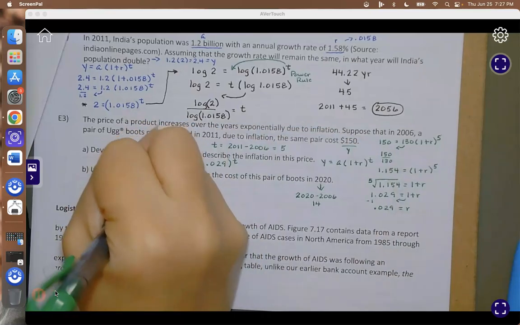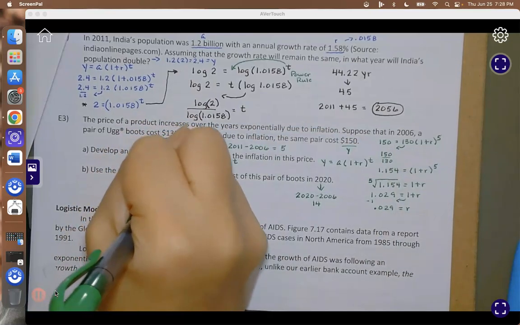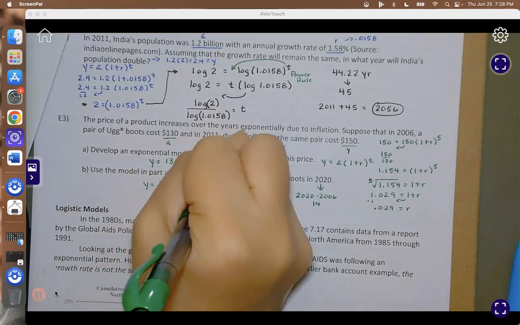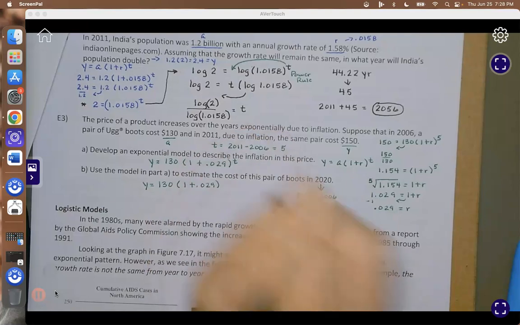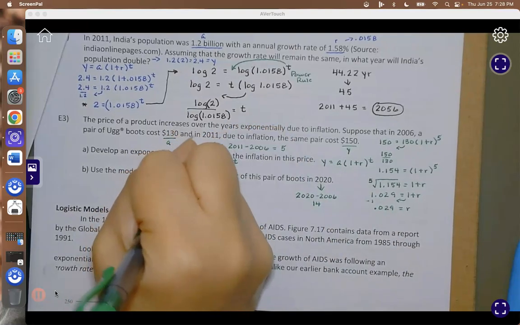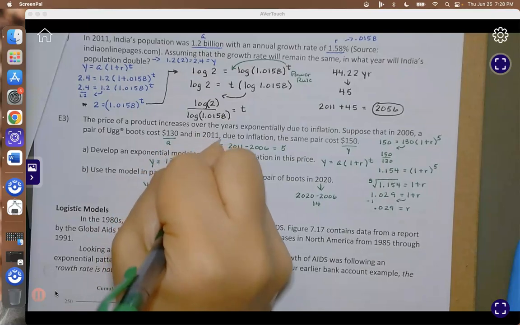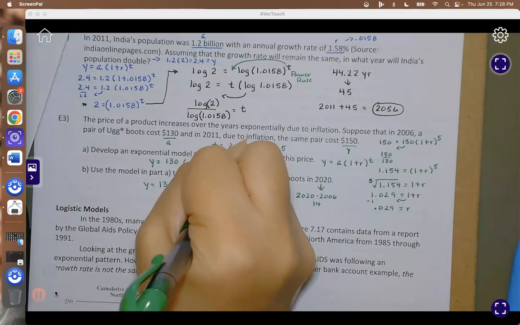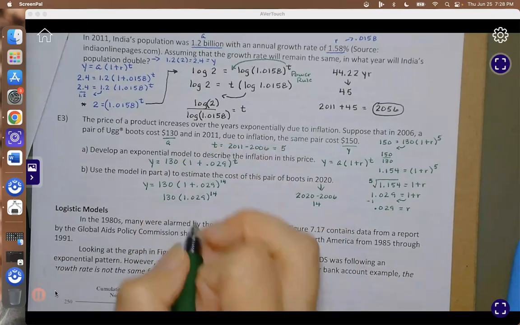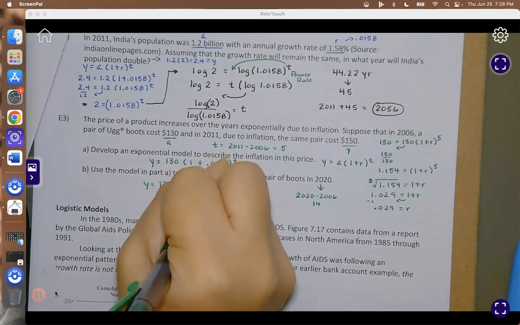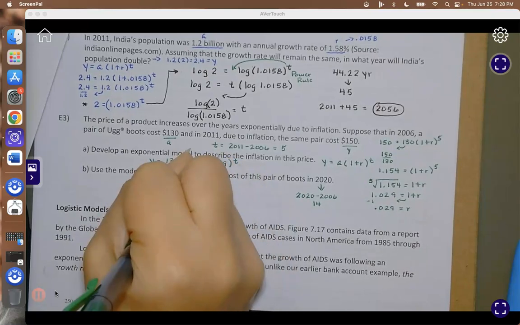So we use our formula here, 130 times 1 plus 0.029 to the 14th power. So we're going to do 130 times 1.029 to the 14th power. And you type all that in at one time, and you get $193.98.